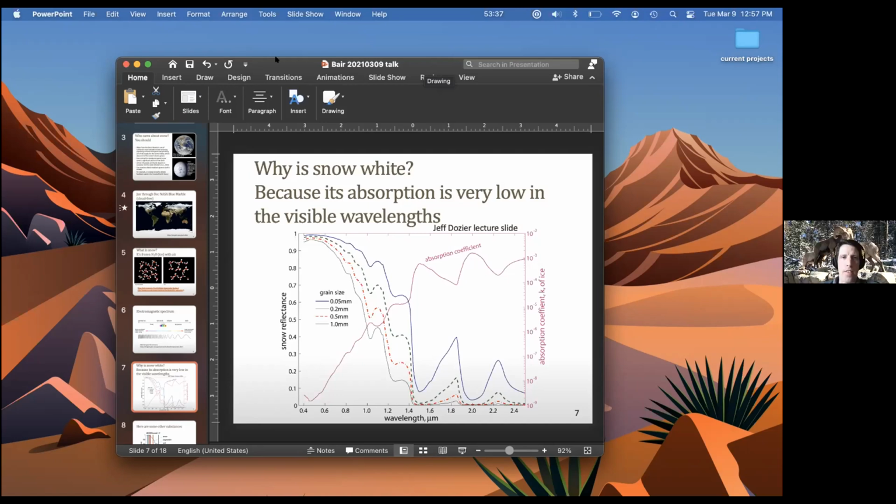Together they describe how light interacts with the medium and how it bends, Snell's law, how it refracts. Okay, cool. Yeah, thank you.